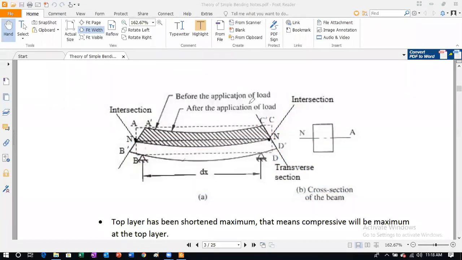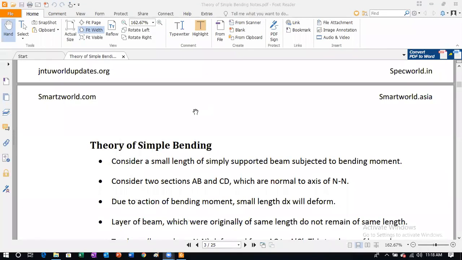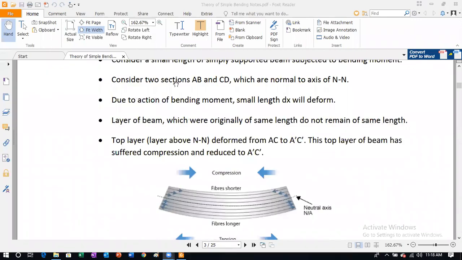Okay. So now we have considered two sections AB and CD which are normal to the axis NN, that is the neutral axis. Due to the action of the bending moment, a small length dx will deform.